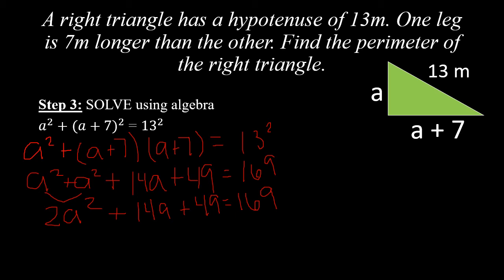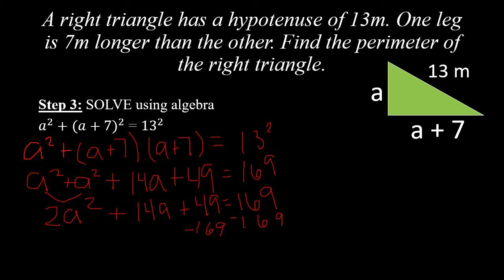And just like with any other polynomial solve, we want to get everything on one side, 0 on the other side, so that we can factor and use the principle of zero products to solve this. So we need to move the 169 over to the other side so that we can factor and solve. And how are we going to do that, you guys? We're going to subtract 169 from both sides.